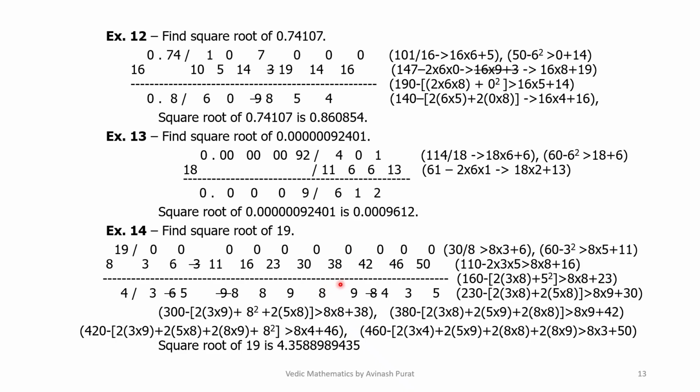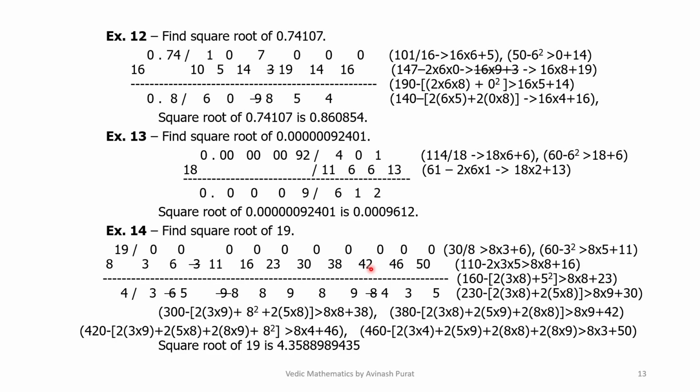Now 380 is the next dividend, minus 2 into 3 into 8 plus 2 into 5 into 9 plus 2 into 8 into 8, that is 48 plus 90 plus 128 equal to 266. So 380 minus 266, we get 114. Quotient we take 9 and the remainder is 42.